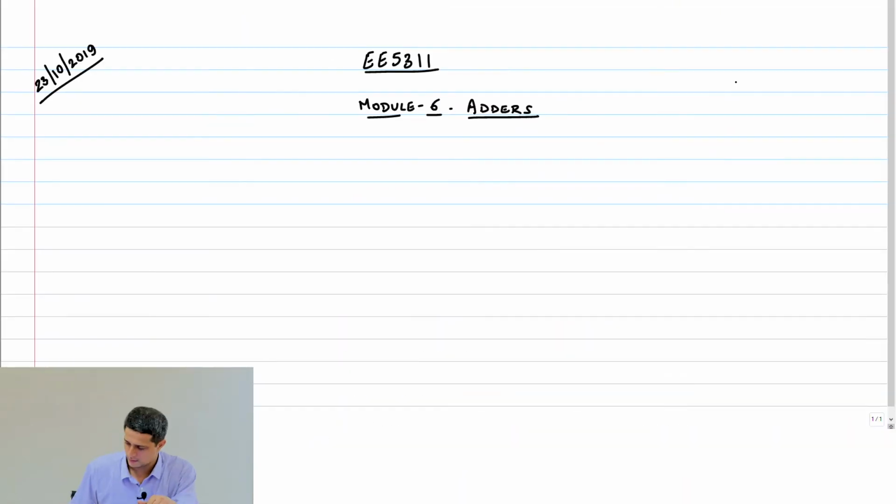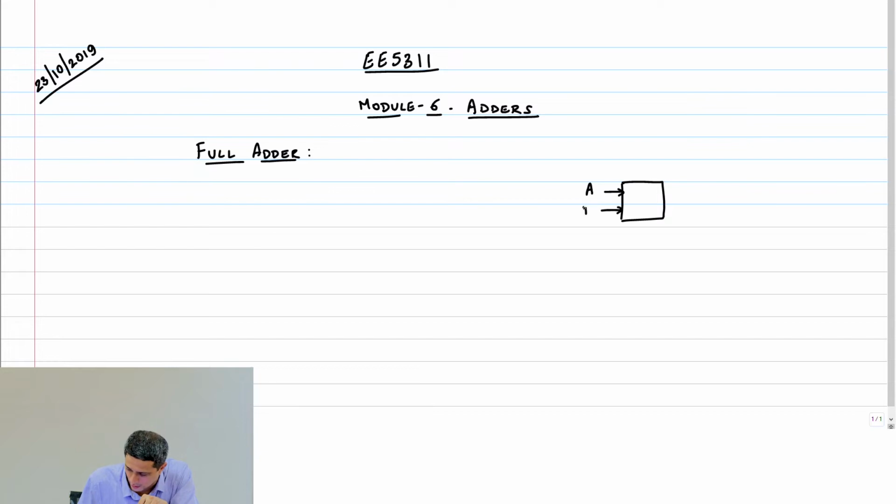So, okay, great. So let's start with the concept of an adder, and I want to look at a full adder directly. So a full adder is a block that takes 3 inputs, A, B, and a carry in, and gives out a carry out.